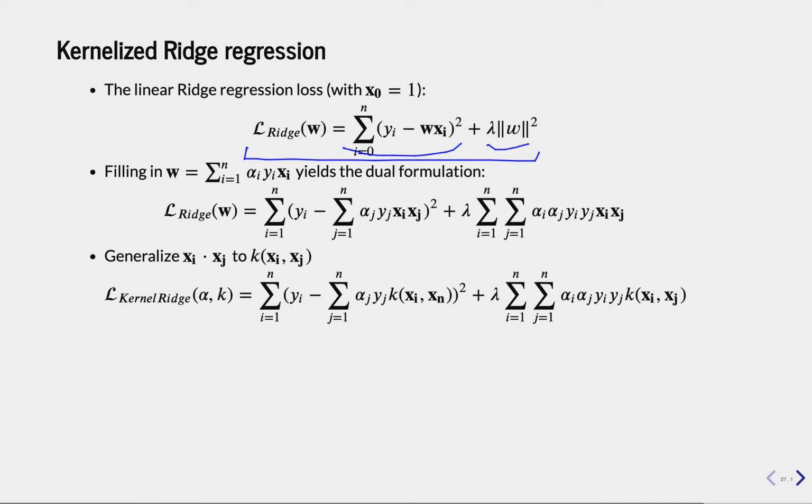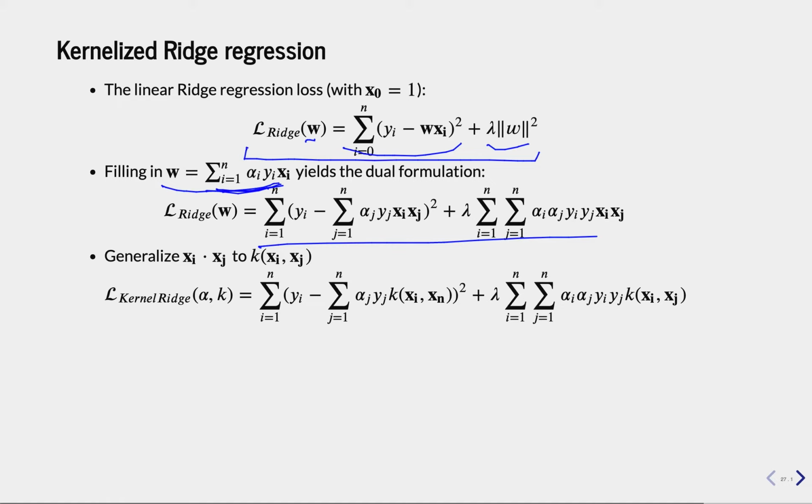To get the dual, all we need to do is to replace this W by this. If you put this in on all these points, you get this. This is nothing else than this. This is the same loss function. We just replace W by the sum, and then we get this.